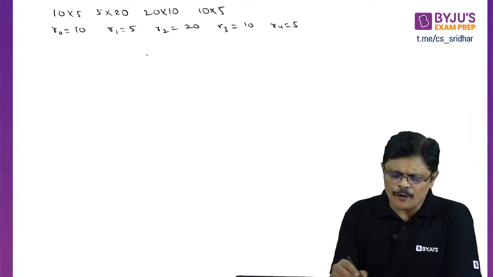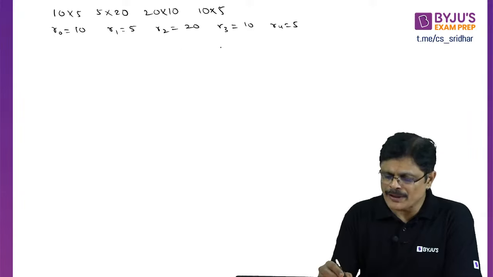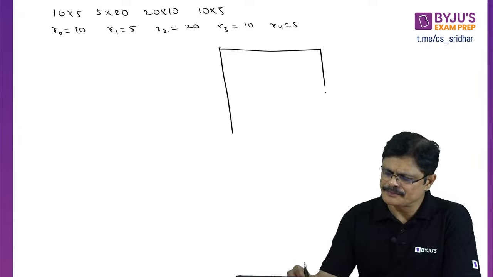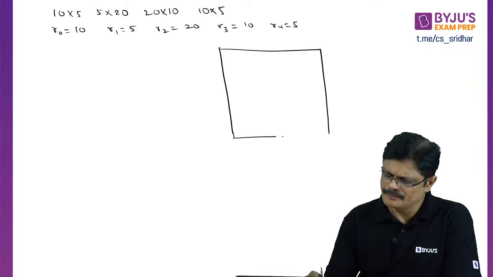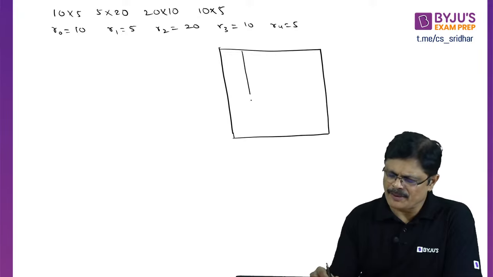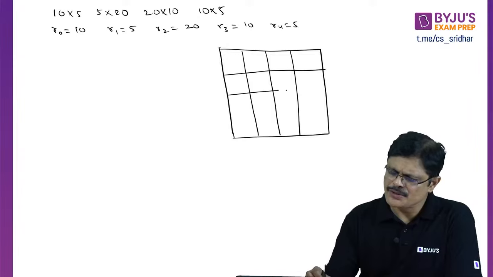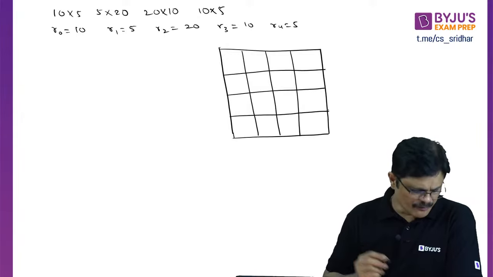So we are having 4 matrices, you create this 4 by 4 table. 1, 2, 3, 4.